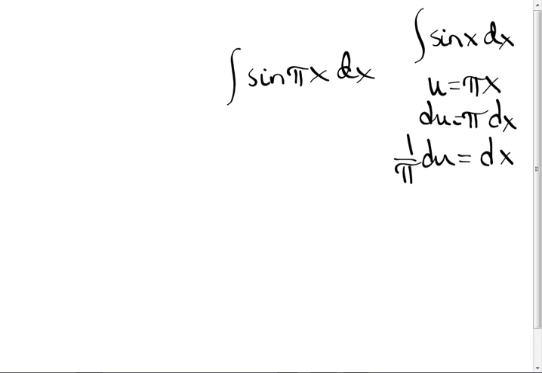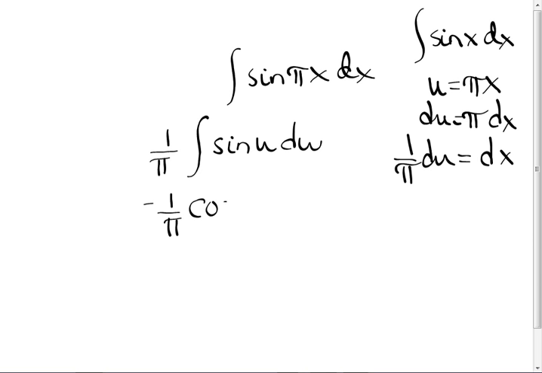That's all you can integrate. That's it. So I integrate this. This is the sine of u. Dx is replaced with 1 over pi du. So it's 1 over pi negative cosine of u. Let's go back to pi x. And then we will evaluate it at 0 and 1/2.